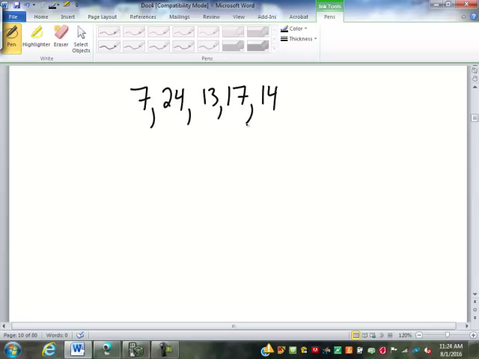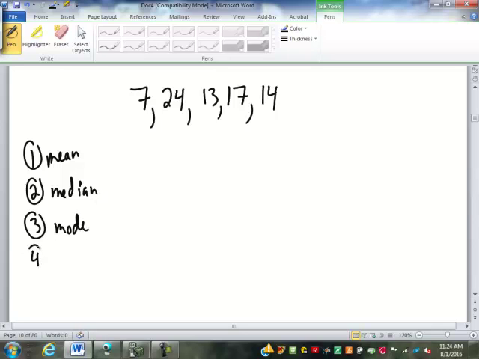For this set of data, find mean, median, mode, range, and standard deviation.